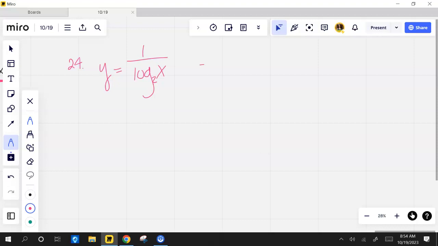I would probably write it like that, and I would work from the outside in. Power, inside function, and then if I need to chain. I never do quotient rule unless I have to do quotient rule, because quotient rule leaves a lot of room for mistakes.